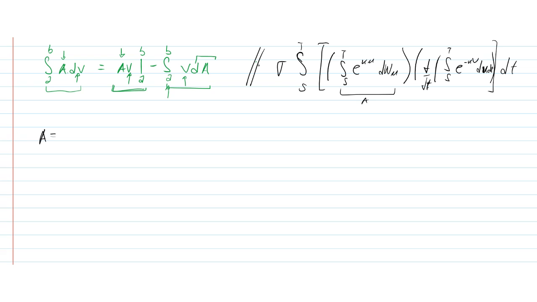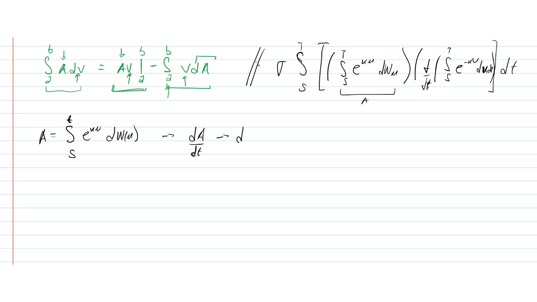So we have A, which was this term here, e^{ku} dW_u, and now what we need is dA over which variable? Over t, because that is the random variable. So we can have dA over dt. The partial differential for Brownian motion actually kind of doesn't exist, so we're differentiating it.